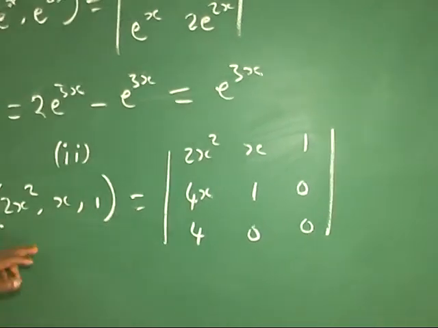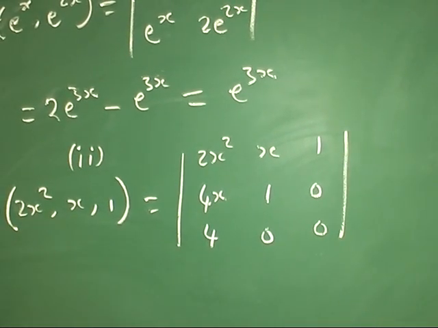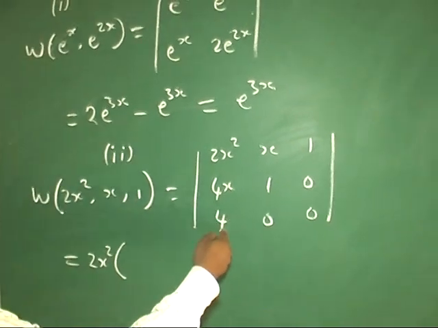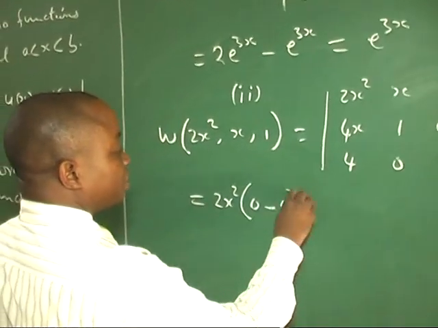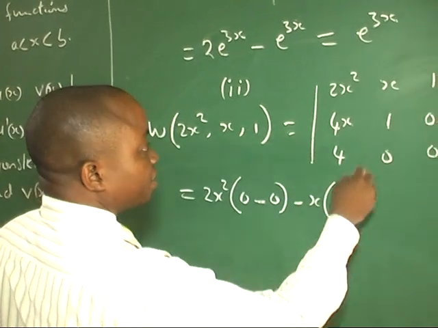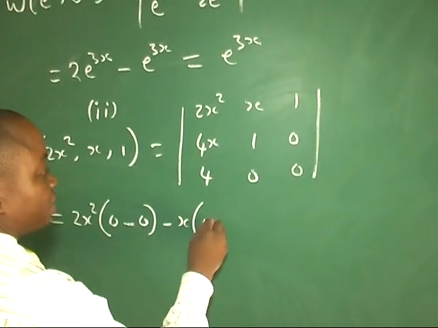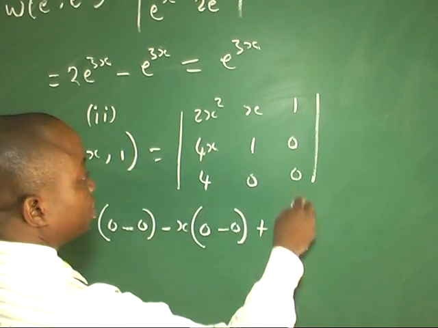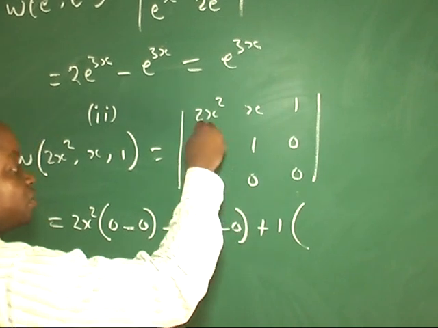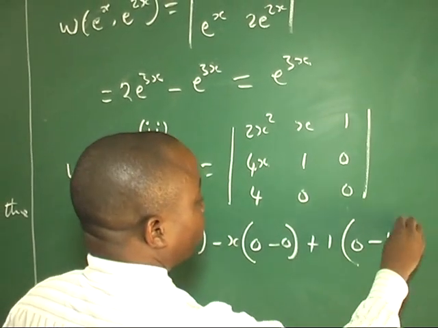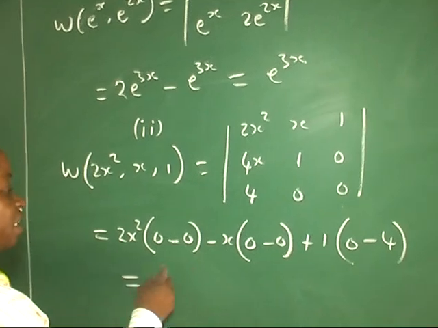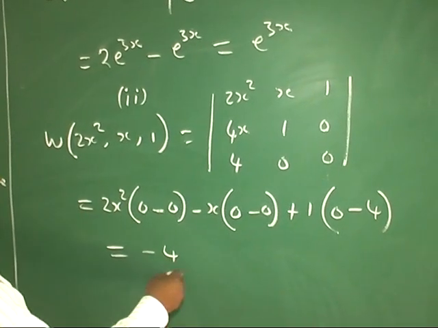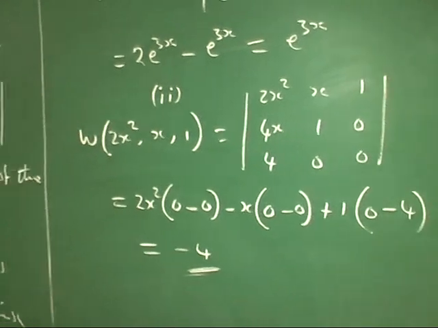You see that when it is 3 functions, we have to get up to 3 by 3 determinants. This gives us 2x squared times (0 minus 0), minus x times (0 minus 0), then plus 1 times (0 minus 4). So the whole thing is minus 4. That becomes the Wronskian for the functions.